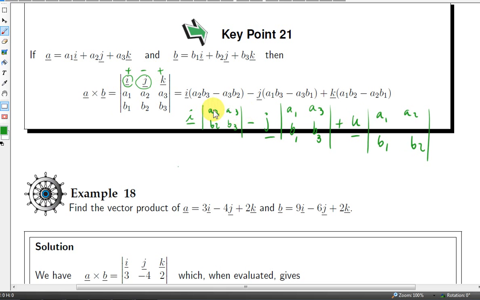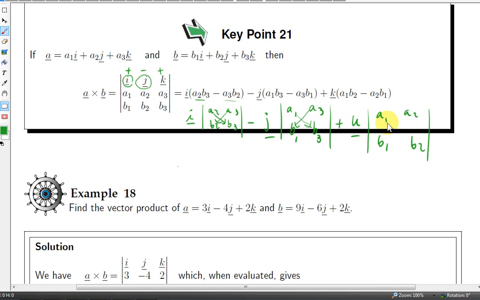Now if you haven't seen these before, to calculate the determinant of a 2 by 2 matrix, we multiply these entries together. We multiply down this diagonal, that's A2, B3, gives us that, and then we have a minus sign, and then we multiply A3 by B2 to give us that. Here we have minus j, and we multiply A1 by B3, and then we have a minus sign, and after that we multiply A3 by B1.